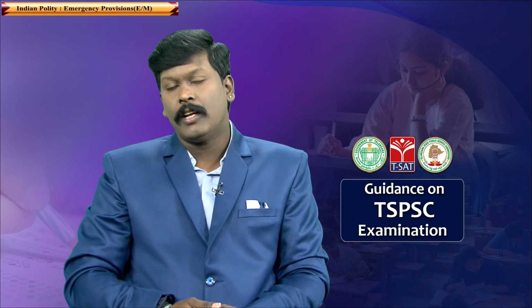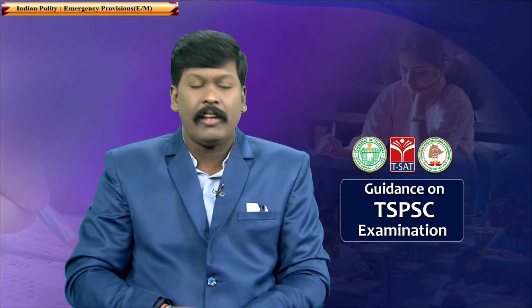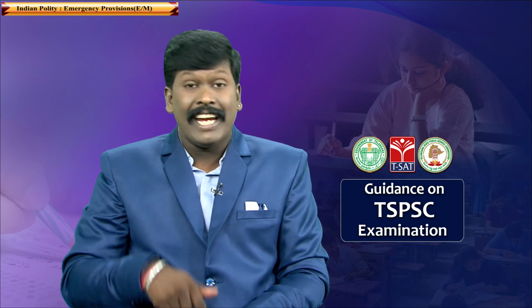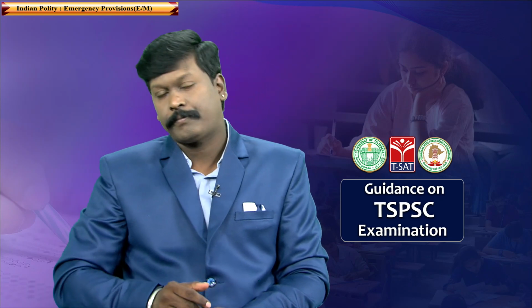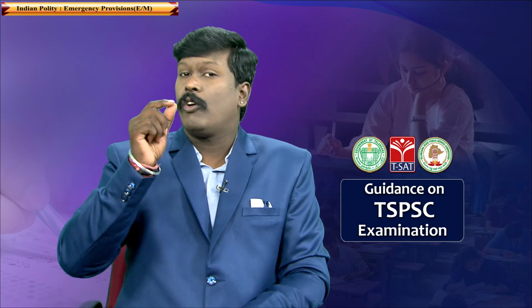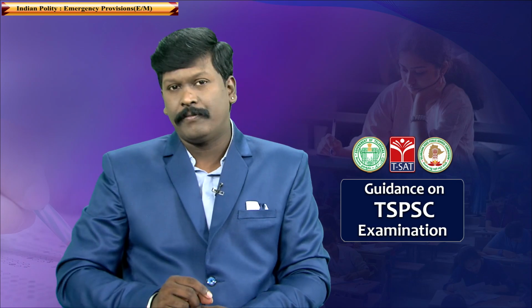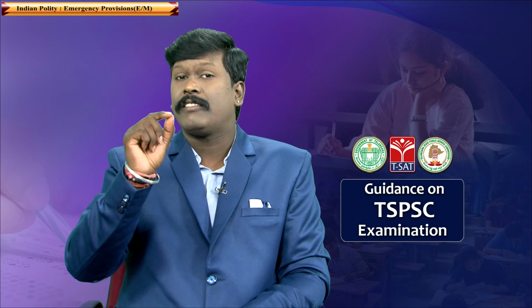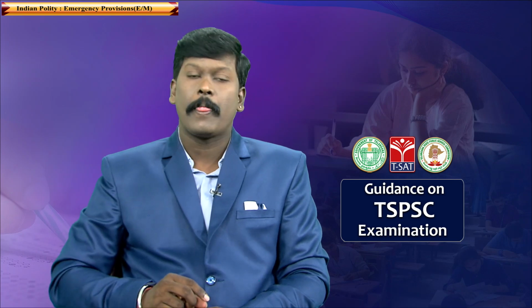Not only that, let me also tell you one more point. After the President proclaimed the state emergency, it will be continued only if Lok Sabha and Rajya Sabha accept it. When Lok Sabha and Rajya Sabha accept it, like a national emergency, even state emergency continues for 6 months.